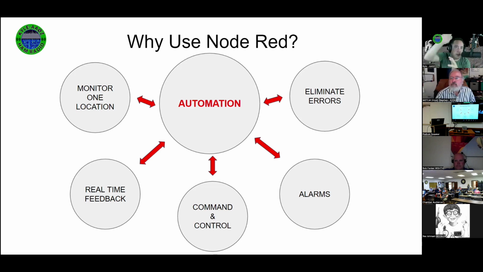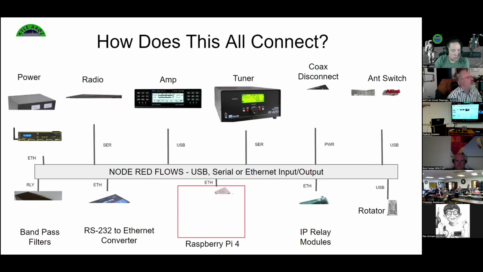Whenever I contest, I've got my Node-RED setting in one screen, and it's telling me everything that I need to look at and monitor with my shack in one location. I don't have to look around for my amplifier over here and my rotator over there and my relays over there. I can see all the statuses in one location.